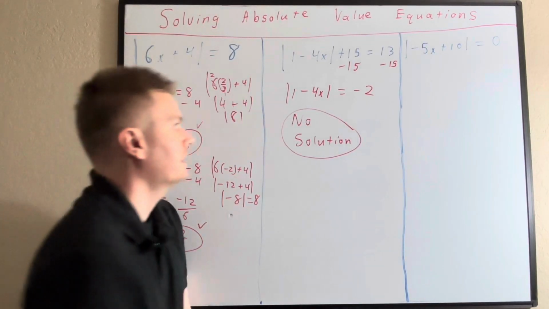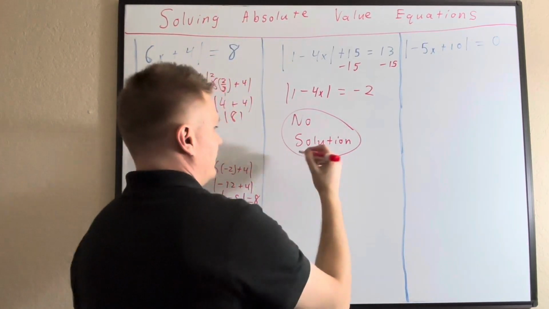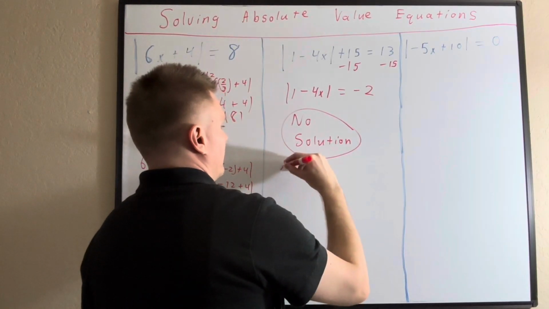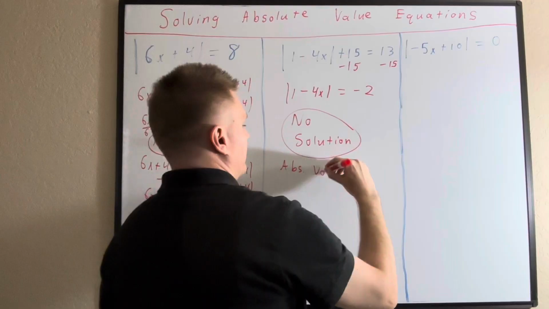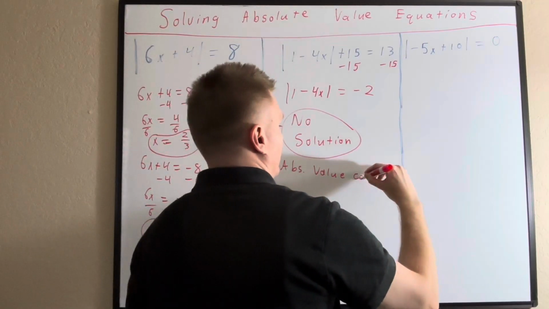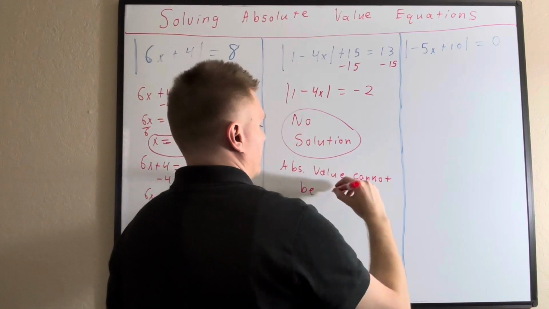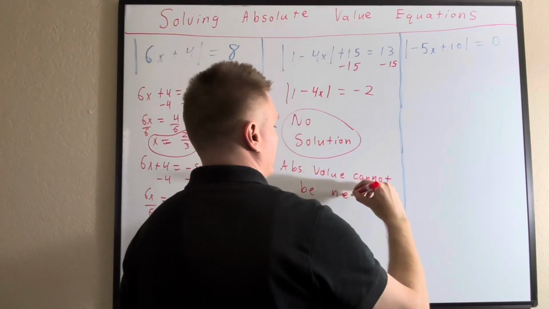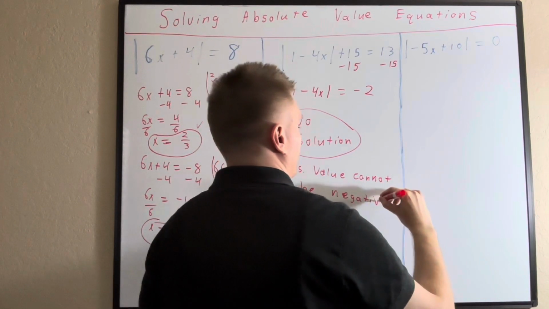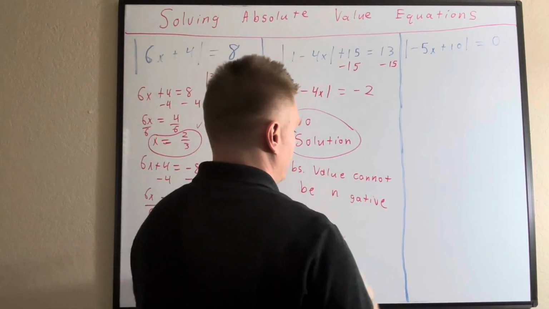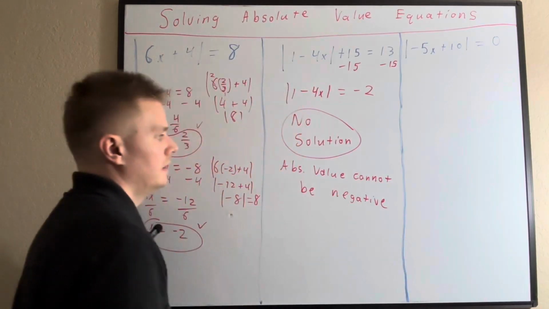And if your teacher wants a little extra note, you can just write on your paper, absolute value cannot be negative. It's a terrible E, but yeah.